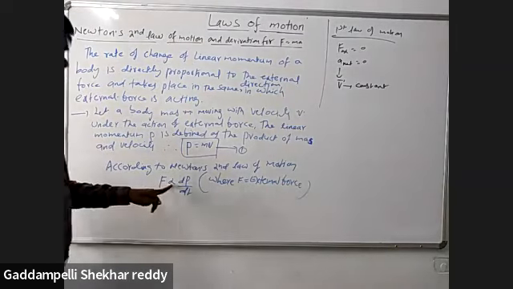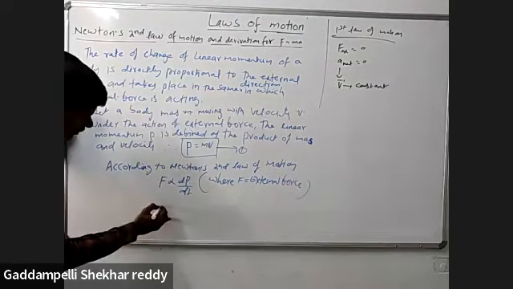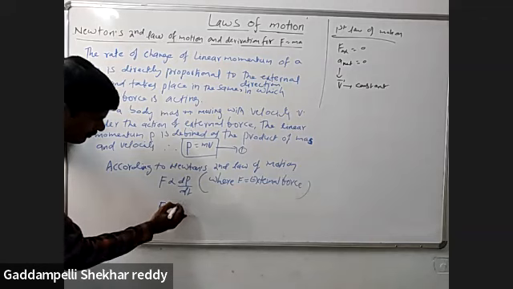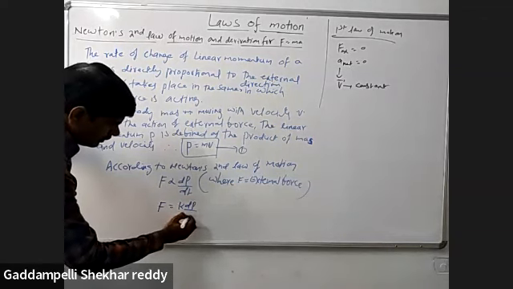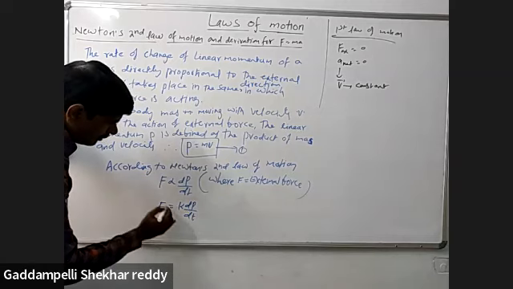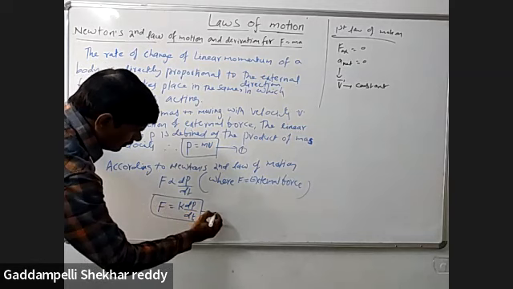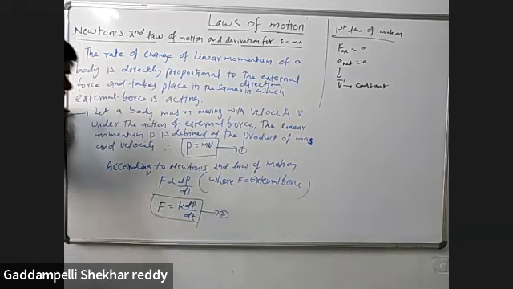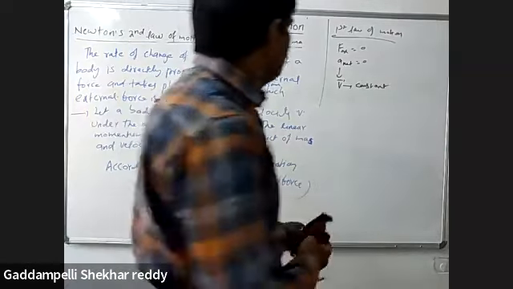Now removing the proportional symbol and substituting a constant, F is equal to K dp by dt. Let it be equation 2.